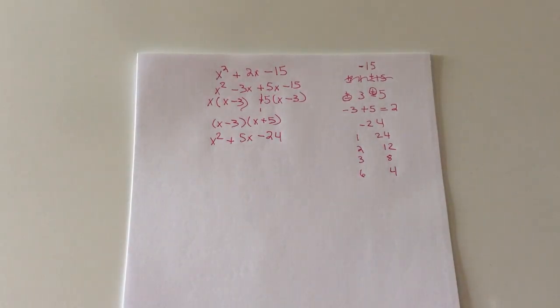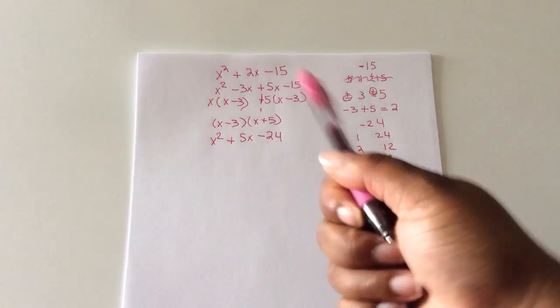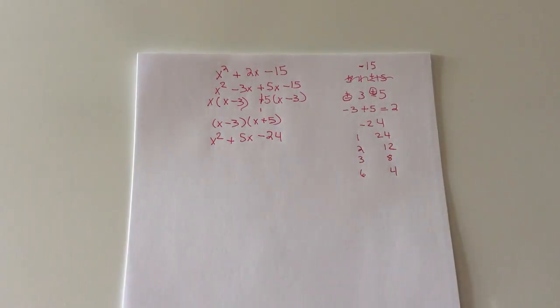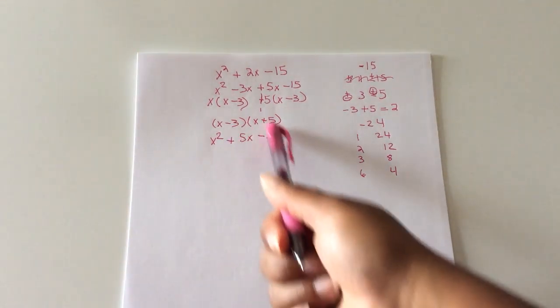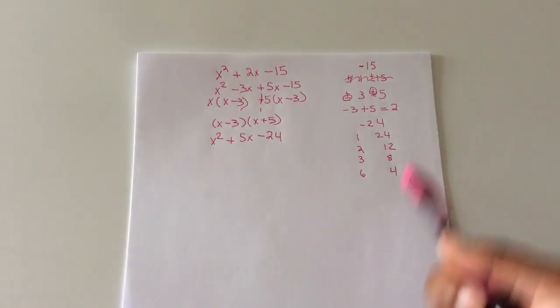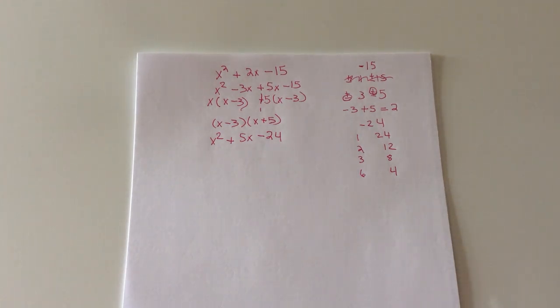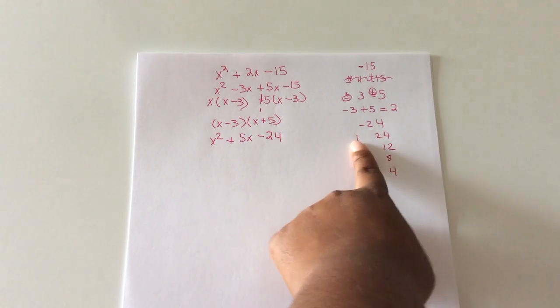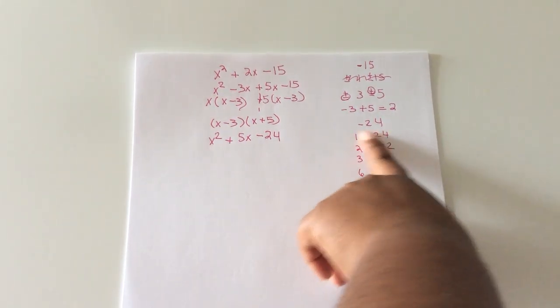Another way to look at it is, what is the difference between the two numbers? Because that's what happens when one number is negative and the other is positive: when you add them together, you're really just looking for the difference. The difference between 1 and 24 is 23, so that won't work.